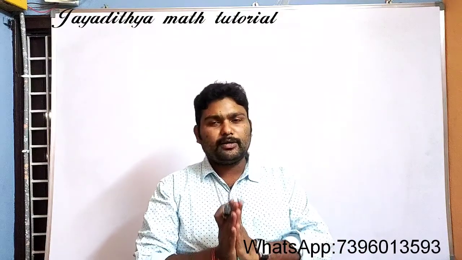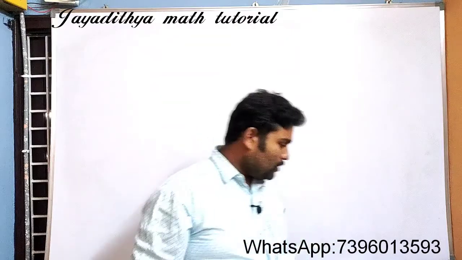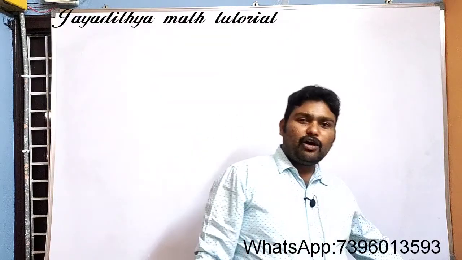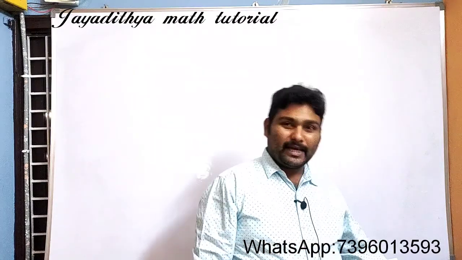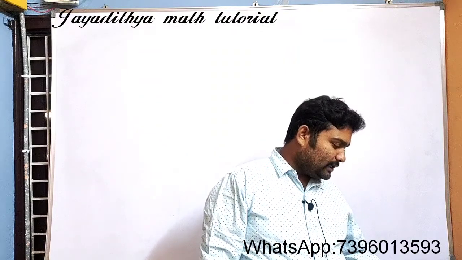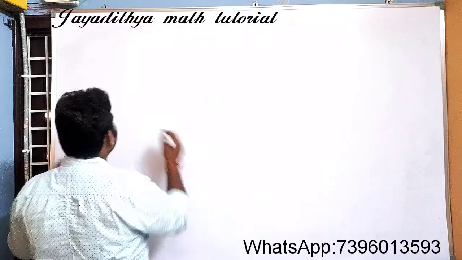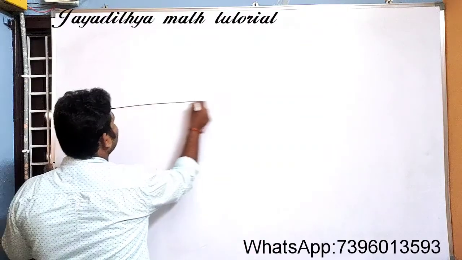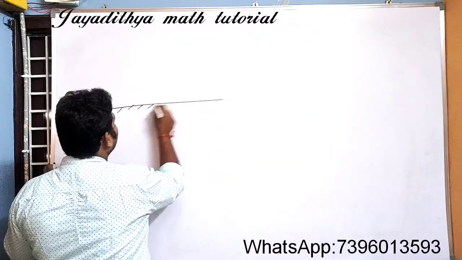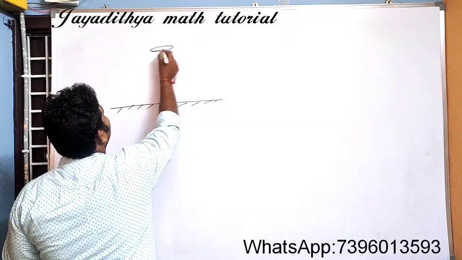So understand the problem clearly. We are discussing the 9th problem of exercise 2 now. The angle of elevation of a jet plane from a point A on the ground is 60 degrees. For example, let us think this is the ground, and here is the plane.